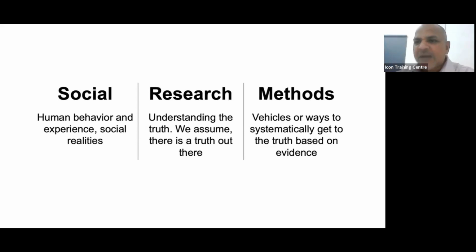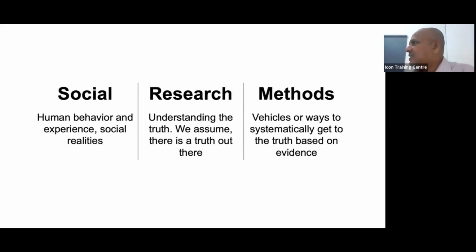By establishing a hypothesis, you are going to search, find and test the hypothesis, and then you will come to know the findings based on the test of the hypothesis you have taken. And methods, that is the vehicle, the way you are going to do it systematically.